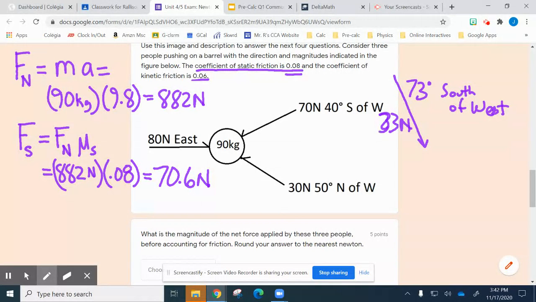So if we have 23 newtons of force pushing and we have 70.6 newtons maximum resistance force available before this thing's going to start moving, guess what? It does not start moving.